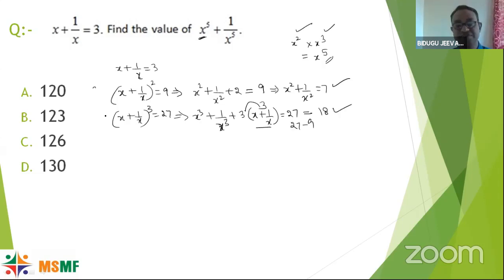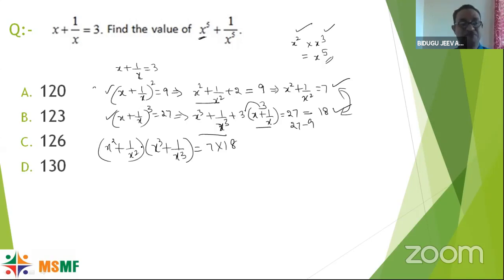Now I got x square and cube. I just want to multiply these two things. x square plus 1 by x square into x cube plus 1 by x cube is nothing but 7 into 18. Fine. x power 5 plus 1 by x plus 1 by x power 5 is equal to 70 plus 56, 126.